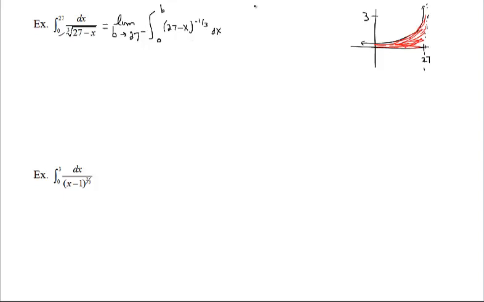Finding an antiderivative is going to require u substitution, where u is the inside function 27 minus x and du is negative dx. So it looks like I'm going to have to bring in a negative and pull out a negative, which I'll put in front of the limit. See if I can write down a little bit here and use this space.